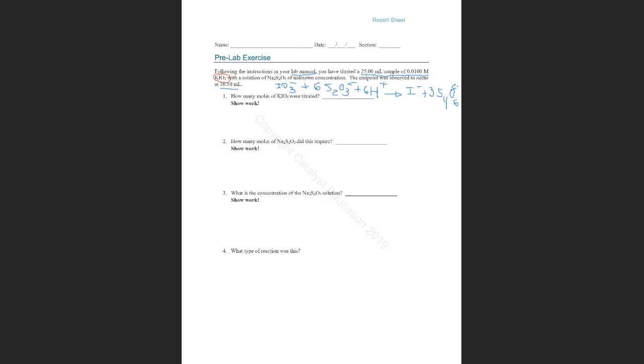Now that you have this, it says how many moles of potassium iodate were titrated. How do we calculate the number of moles?